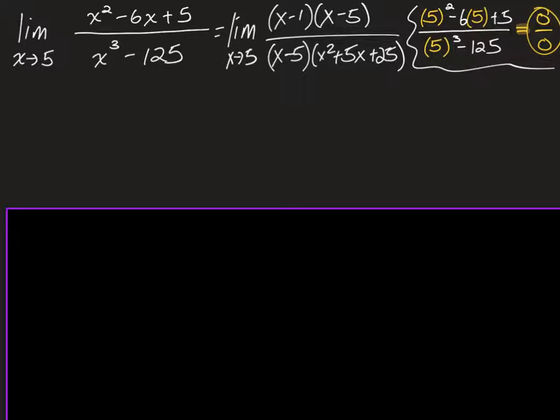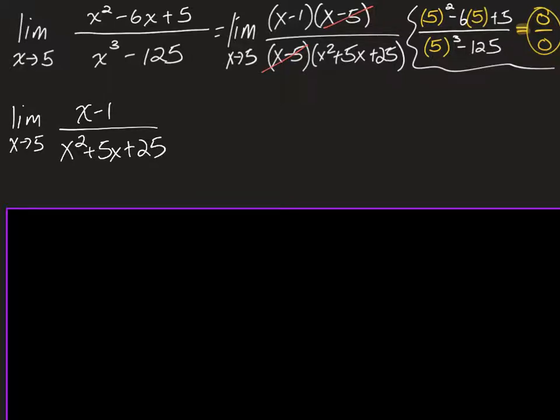From here, you'll notice that the x minus 5s will reduce, and that leaves us with the limit as x approaches 5 of x minus 1 all over x squared plus 5x plus 25. We've done exactly what was supposed to be done.